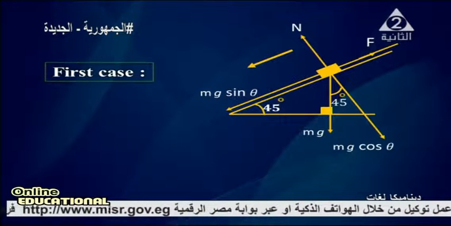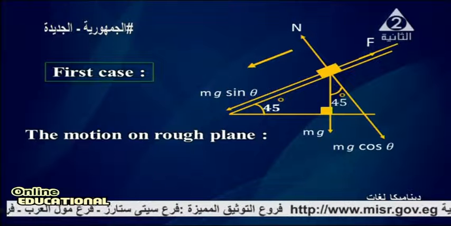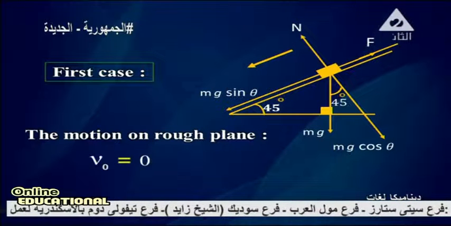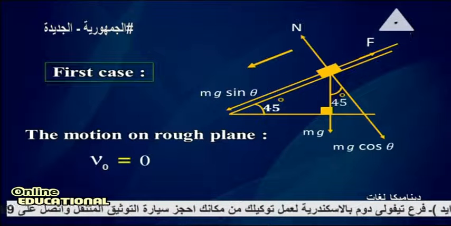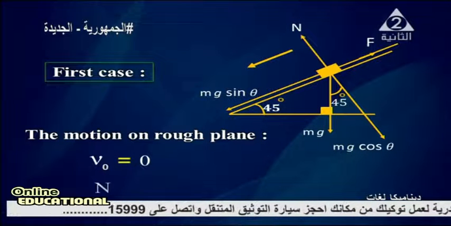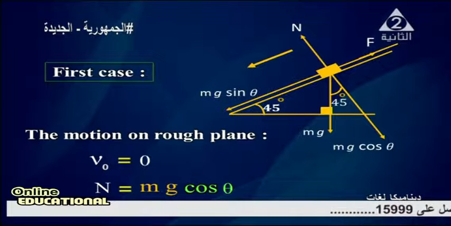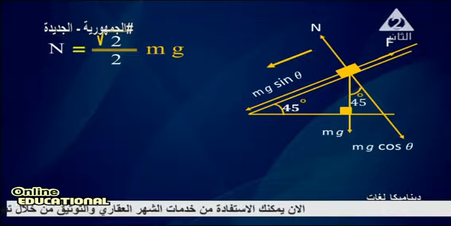Now, the first case, the motion on rough plane. The initial velocity of the body equals 0, V naught equals 0, because the body is placed on the plane. And N equals mg cosine theta. Theta equals 45 degrees, then N equals root 2 over 2 mg.